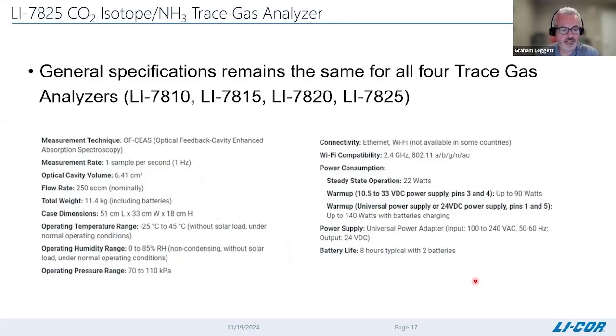That's still minus 25 to 45, so we can use this outside in a variety of environments very comfortably. And power consumption as well is the same as our other instruments. So we get 8 hours typical running with 2 fully charged batteries in the system and a steady state operation power consumption of just 22 watts. So very field deployable.